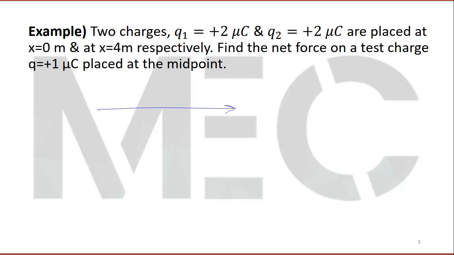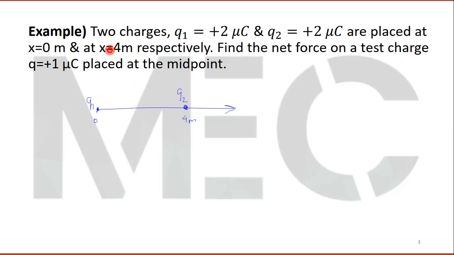This is the point 0, and this is the point 4. Here we have the point charge Q1, and here is the point charge Q2. Both of them are positive 2 microcoulomb. They are placed at 0 and 4 meters respectively.